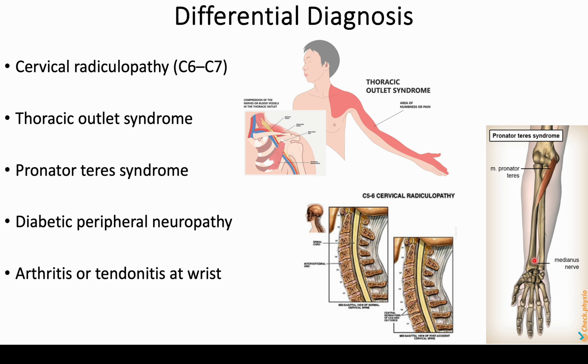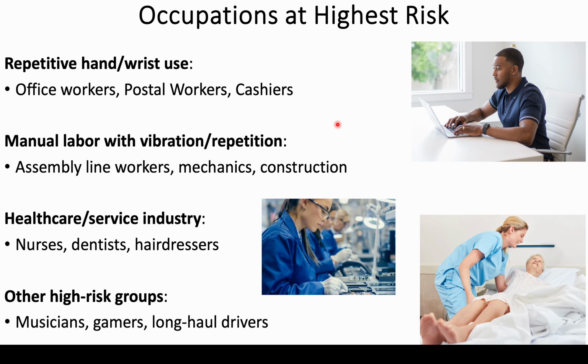So it doesn't mean it's only happening here. It could be happening here and giving you these symptoms down here. Diabetic peripheral neuropathy, this is in diabetic patients, and also arthritis or tendonitis at the wrist can also give you these symptoms. So this is why it's so important to get this actually assessed by a professional rather than just look at videos and try and figure it out yourself, because it could be up the chain, up the river.